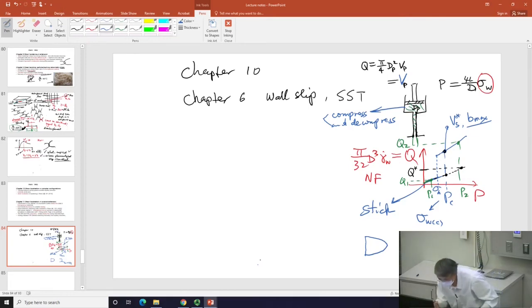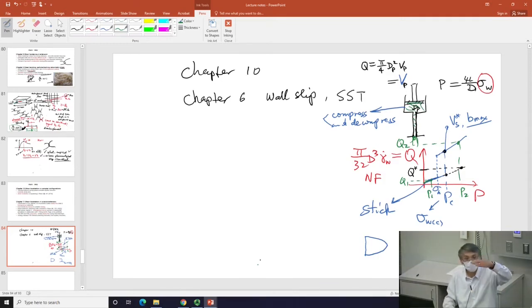Imagine, come on, folks. Imagine I stuck something so that nothing can come out. Then, of course, I compress. So that's like the initial condition. I compress until wall slip occurs. That's like I start to unplug this point. Material will rush out like crazy. Rush out how crazy? More than what you supplied here.